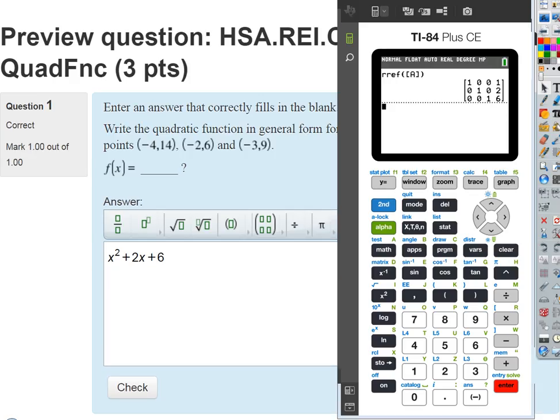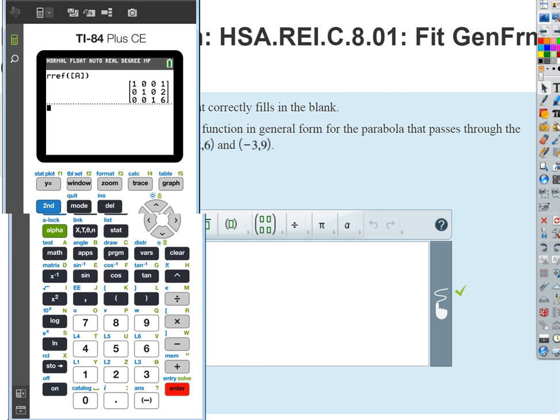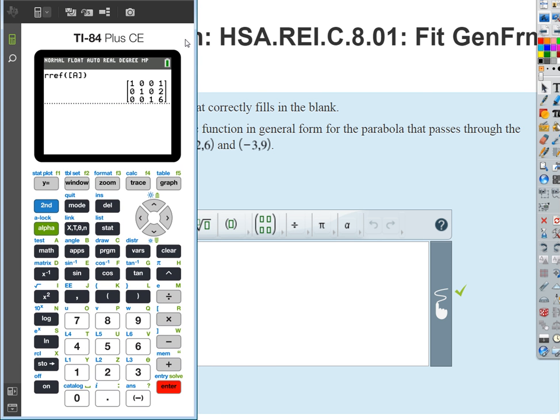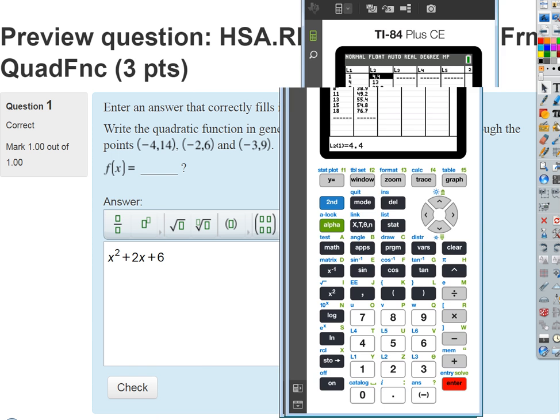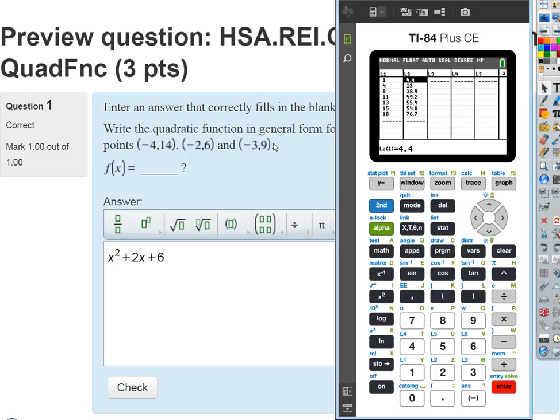Okay, there is a quick little shortcut. I wasn't really planning on showing you this, but Elton figured this out. If you want to kind of legally cheat on this, the other thing you can do for this problem is go to the regression stuff: stat, edit, and just put in those 3 points and do quadratic regression.